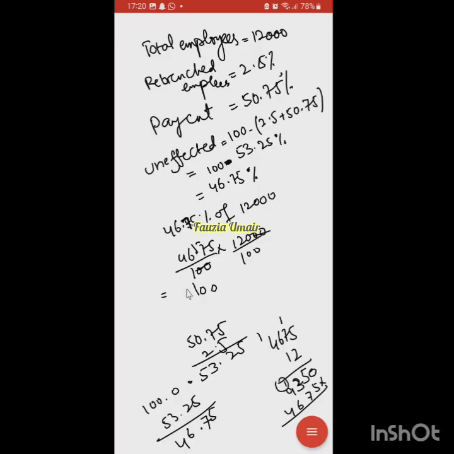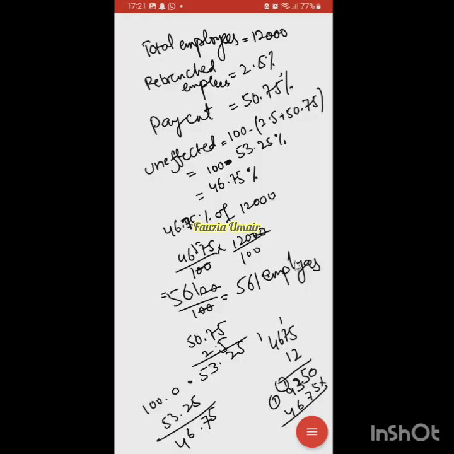So 9, 10, 16, 1 carry. So this is the answer. How many digits are we having after the decimal? The numerator is having, denominator is having 100. So now you can cancel these two zeros. So the answer would be 561. No, it's not percentage, it is value. So of 12,000 employees, 561 employees.